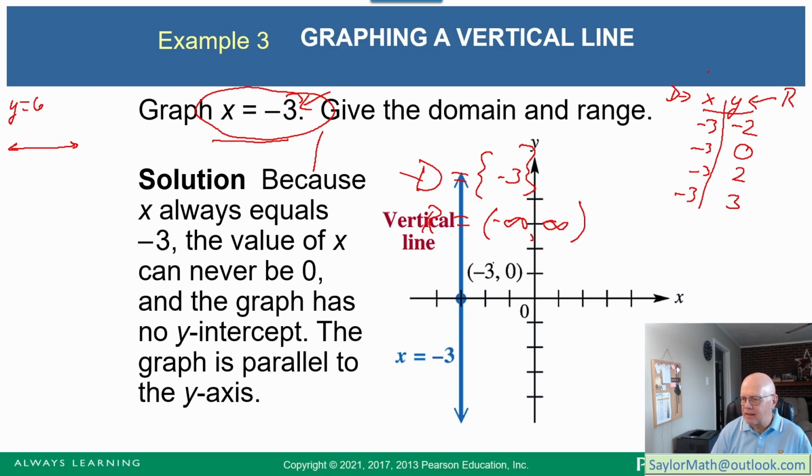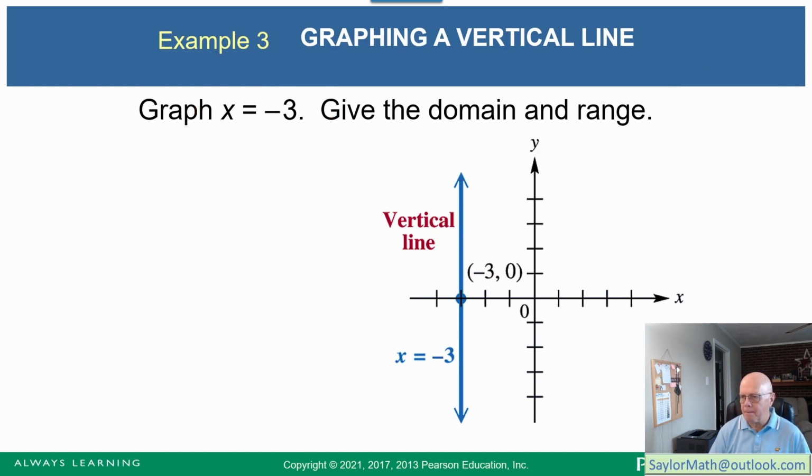And because -3 is always the x value, then you can just use x equals -3 and y equals 0 as your x-intercept. And if you remember it's vertical, you're finished. Domain and range.